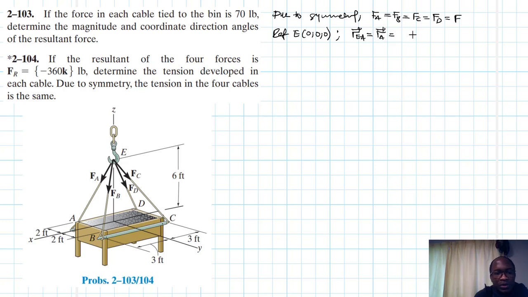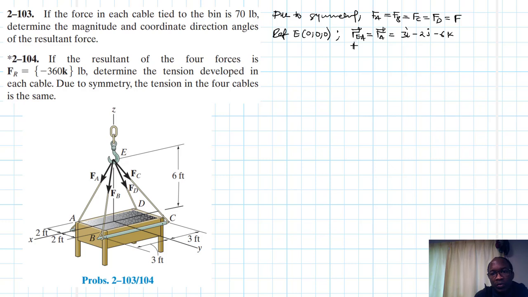We have assumed it to be our reference. This is going to be equal to 3i, and then we'll have a negative 2j in the y-axis, and the minus 6k.